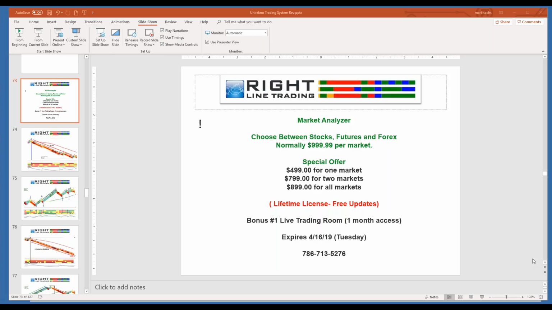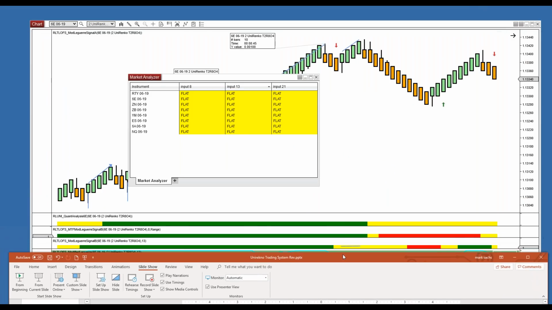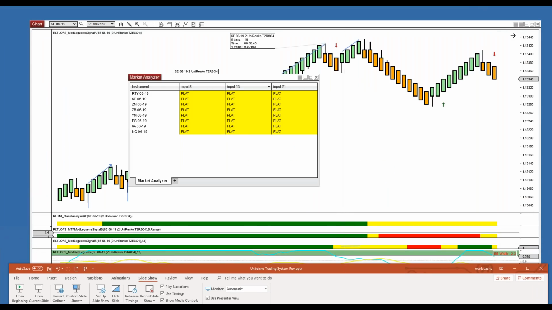This is just the analyzer part, but it comes with the components that signal the trade. It comes with all the quants you need, and it comes with the multi-time frame gear. So you get these 2 indicators as well as the system, so that if you want to look at the charts, you can.